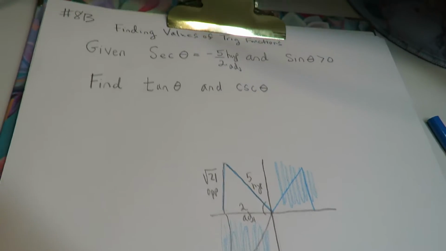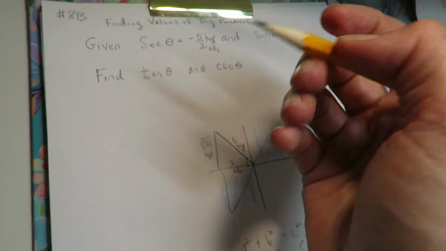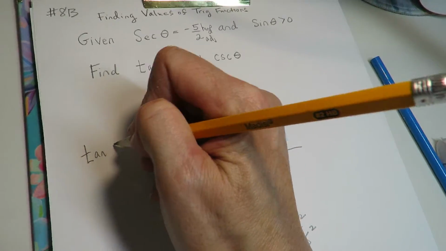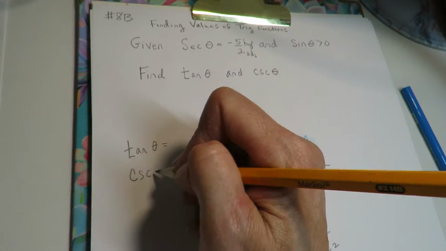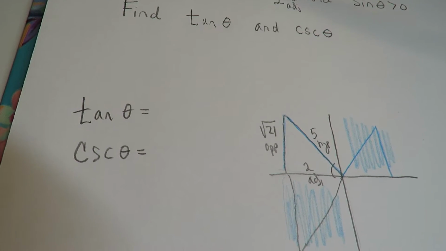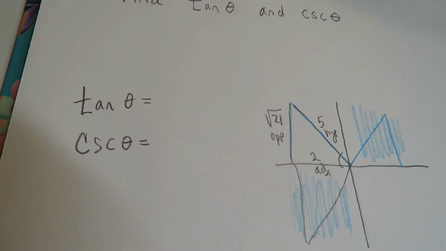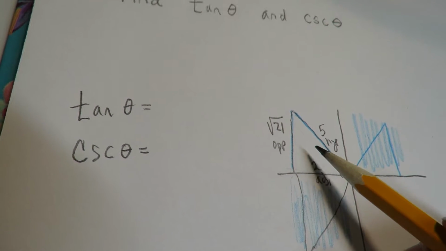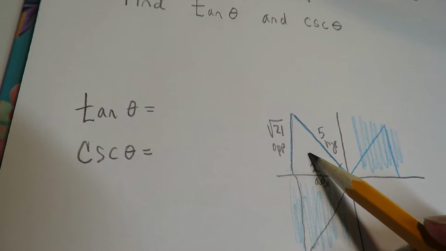Okay, so now we can go ahead and find the values of the trig functions. In this scenario, they're asking for the tangent of theta and the cosecant of theta. First of all, let's figure out the positive and negative of these two trig functions. In quadrant 2, what is the plus or minus of the tangent function?